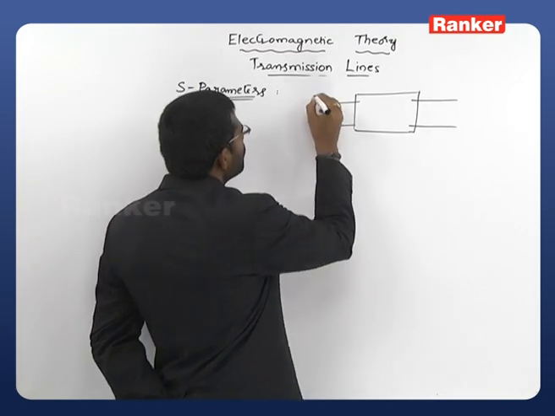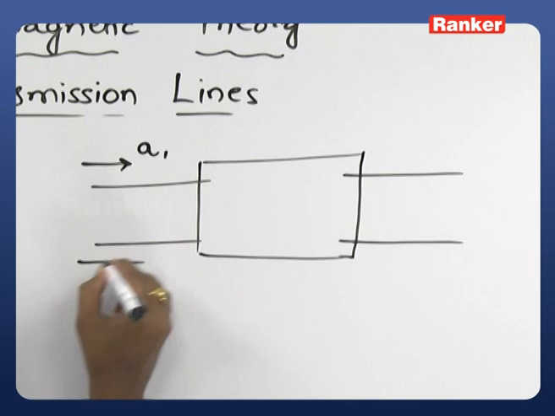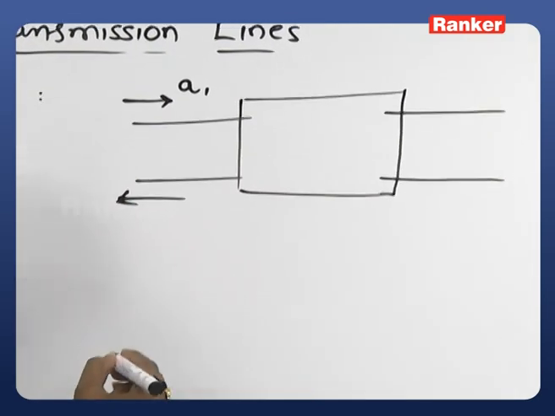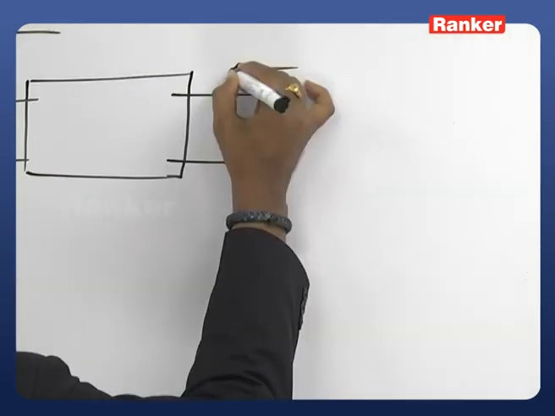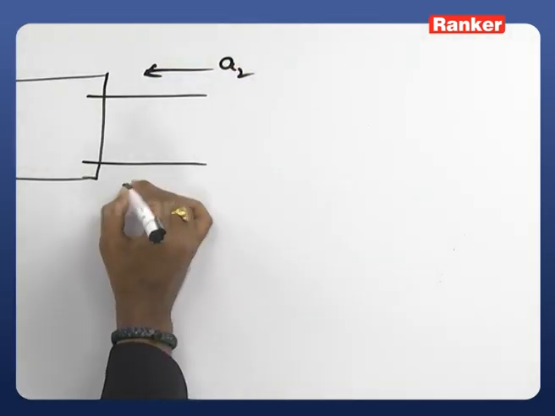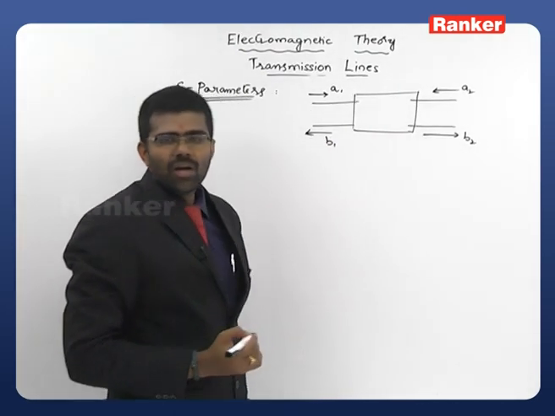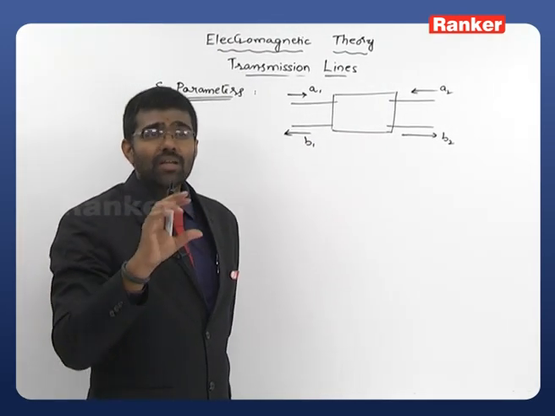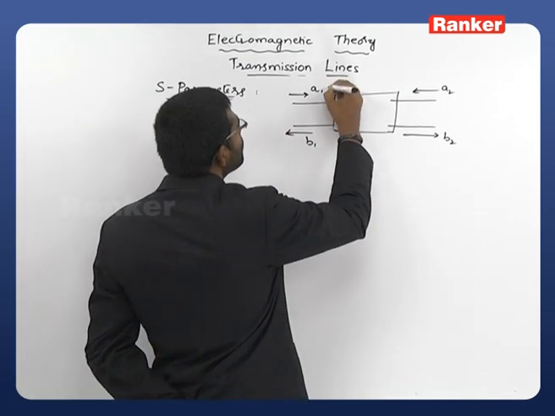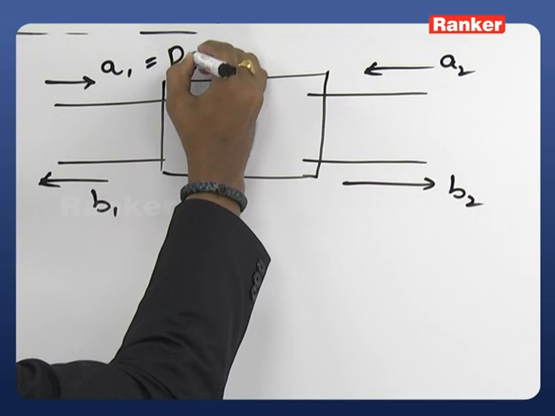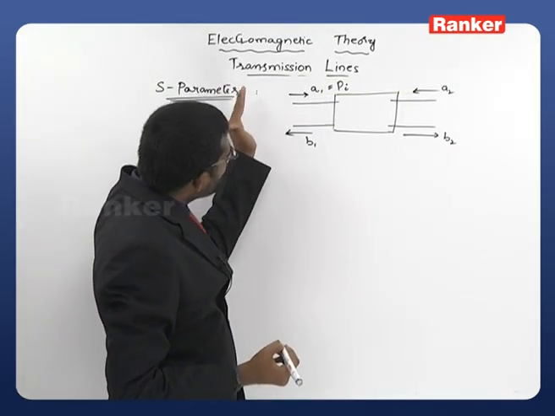As per our assumption, the input applied at port 1 is A1 and the reflected or scattered one is B1, and the input applied to port 2 is A2 and reflected from port 2 is B2. Now, for simplification, I will give you another notation. Let us take this as the input power Pi, since for port 1 we are applying the input.